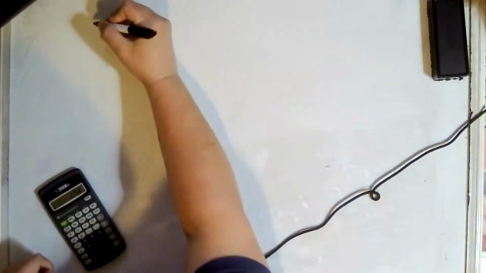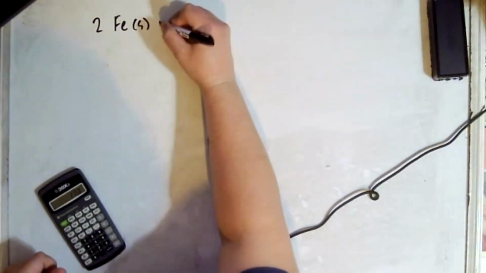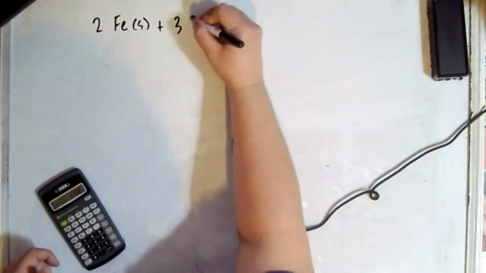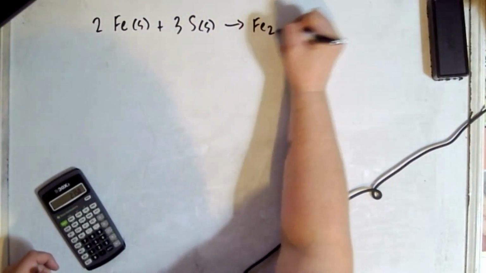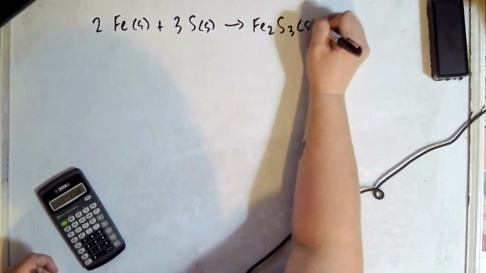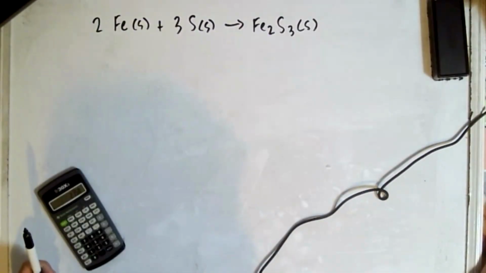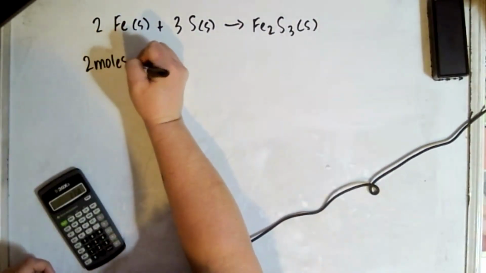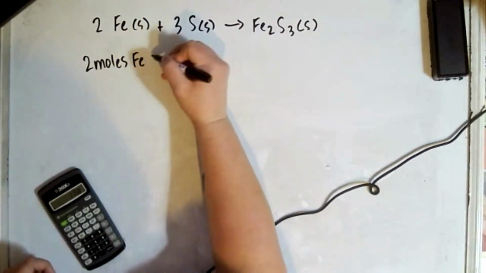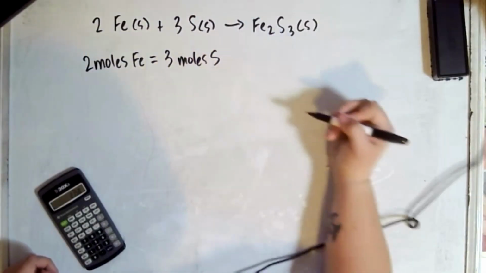In this particular reaction that we're looking at, just to make this extra clear, because I think setting up equalities is a good way to picture what's happening here. When we read this chemical reaction, what we can also pull out of it is that 2 moles of Fe equals 3 moles of sulfur.